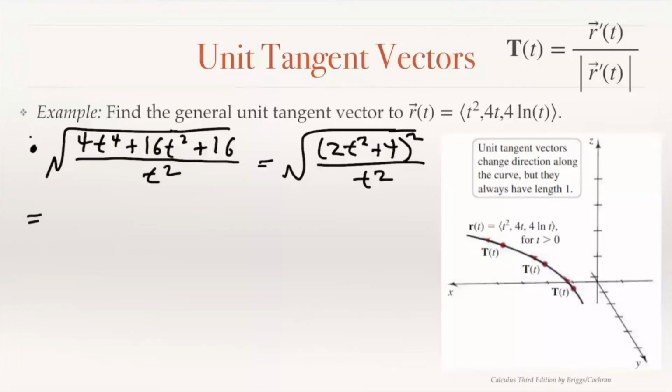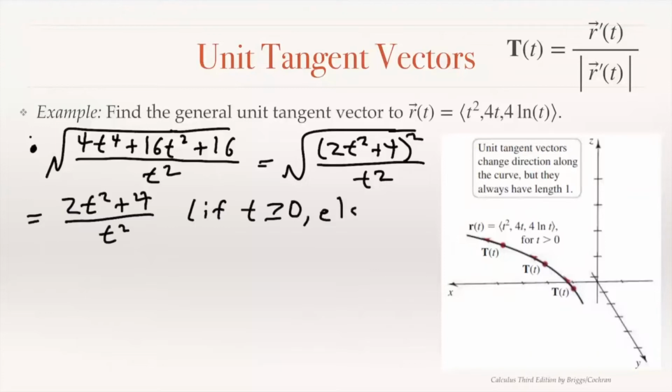Okay, now we have the square root of squares, and those cancel out, and we just have 2t squared plus 4 over t squared. And technically, that's if t is positive, else it's the negative of this, because technically the square root of a square is the magnitude, that is the absolute value.